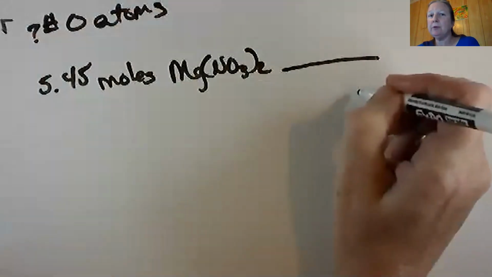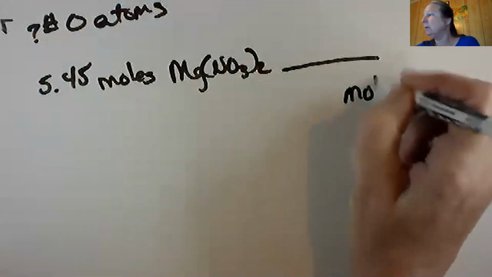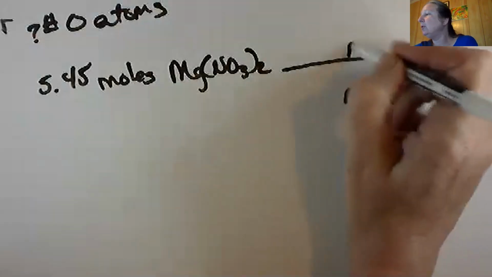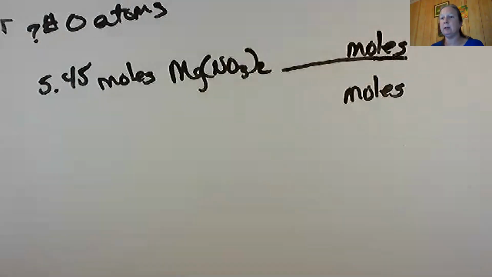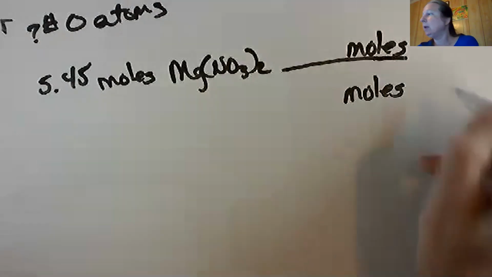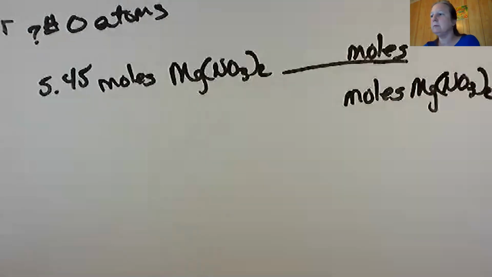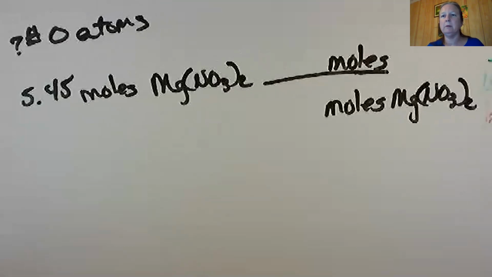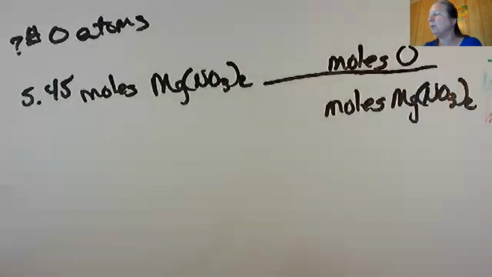The first thing I have to do is change my identity. So you're going to change its moles to moles. That's the only way to do this if you're changing identity. We're getting rid of magnesium nitrate, and we're going to moles of oxygen atoms. Just moles of oxygen is fine, because we're not talking about the gas. That's where you start.